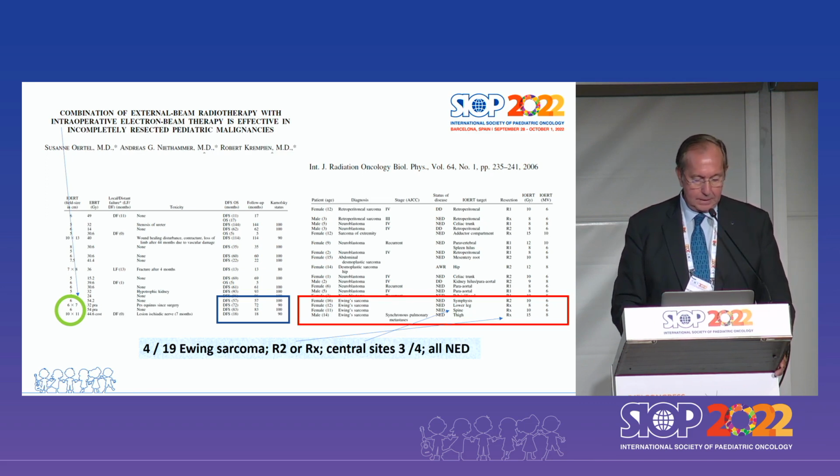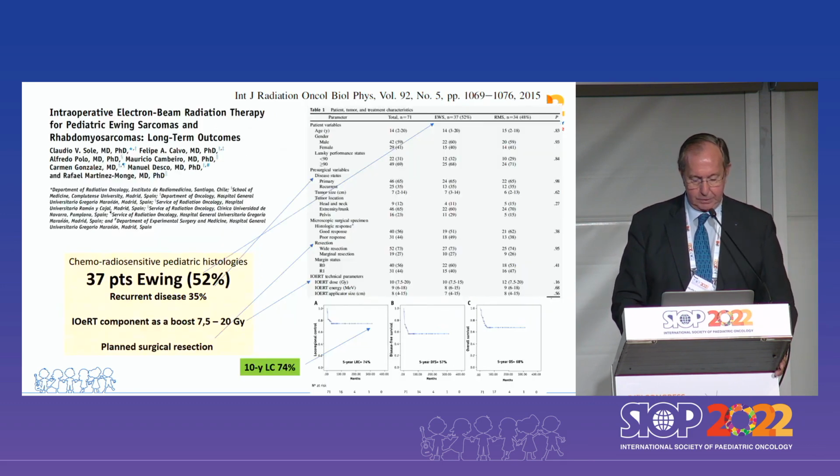In this case, this is a well-known German Heidelberg experience in which they have all the patients alive and very good results.